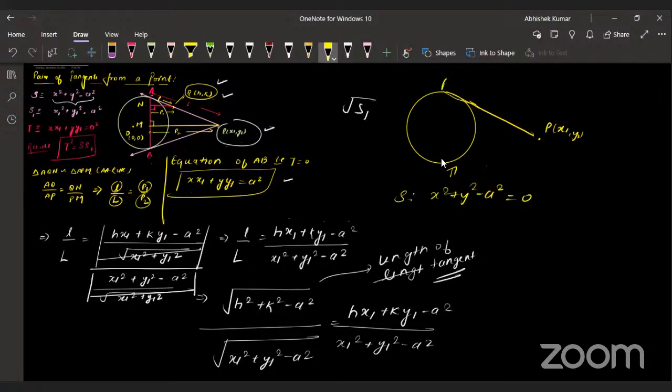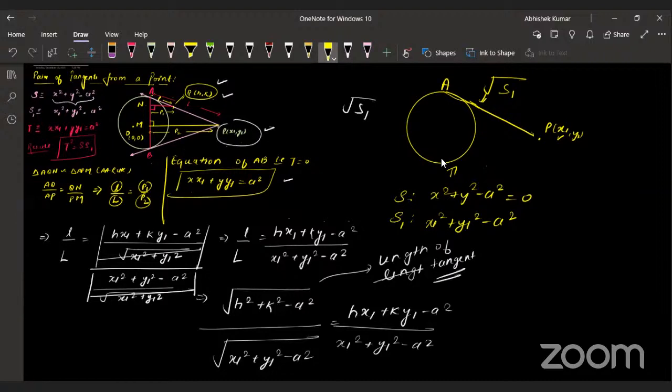Then the length of this PA is given by root s1. You get s1 when you replace x by x1 and y by y1. That is the result we derived in the third lecture, the very first topic. Got it now? Yes, sir.